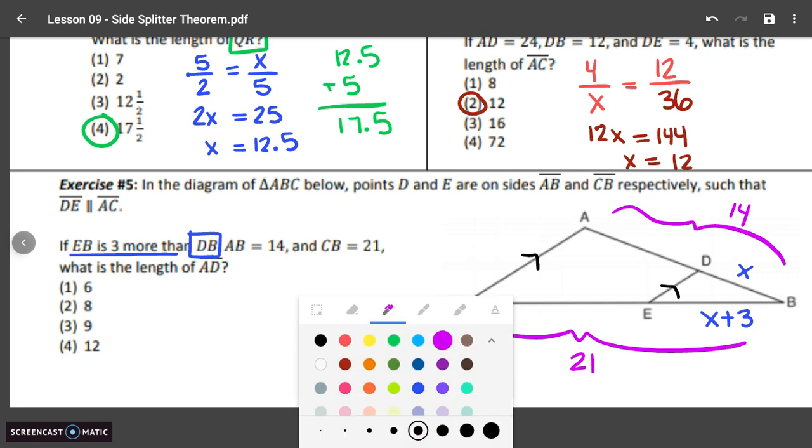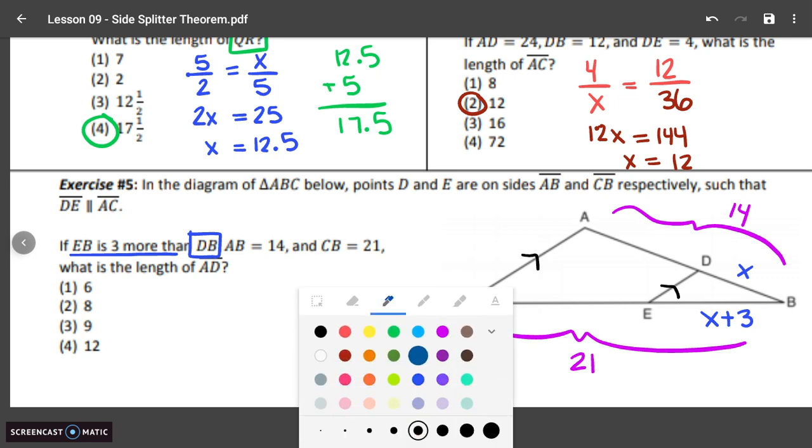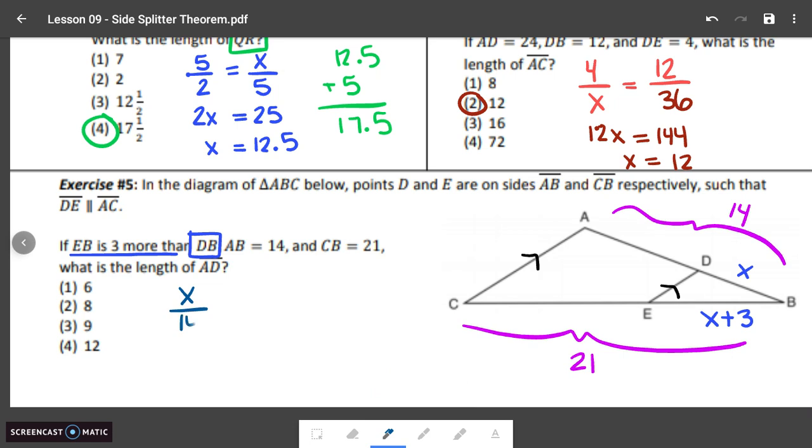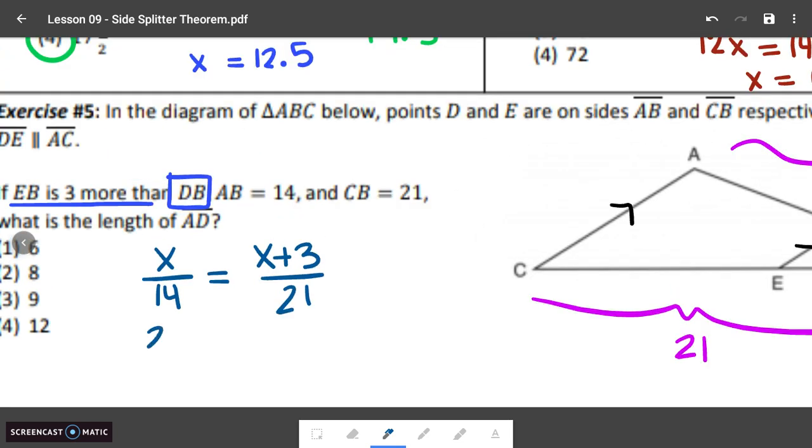So setting up that proportion, there's different ways we could do it. One appropriate way would be x over 14 equal to x plus 3 over 21. Now remember, I've talked about how there's different ways we can set up these proportions. As long as you're distributing, it becomes the same thing.